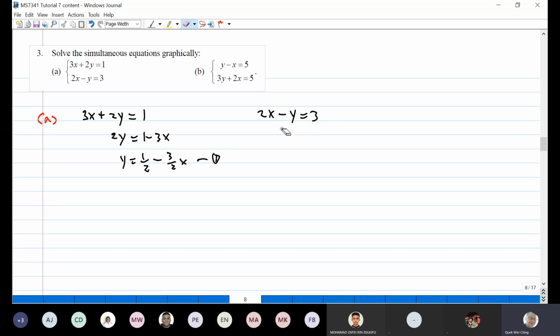You get minus y equal to 3 minus 2x. Multiply both sides by minus 1. Then y equal to minus 3 plus 2x, which is equal to 2x minus 3. That's the equation.